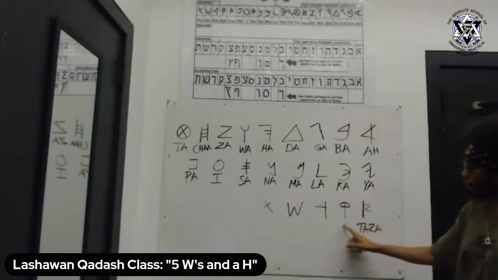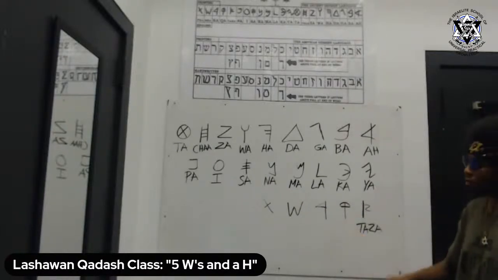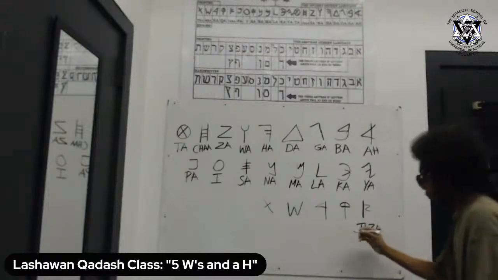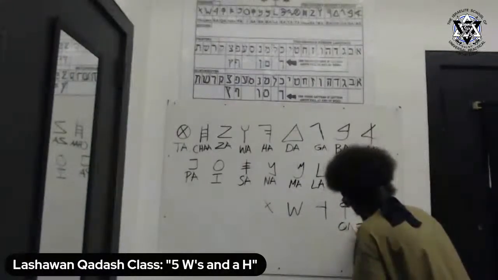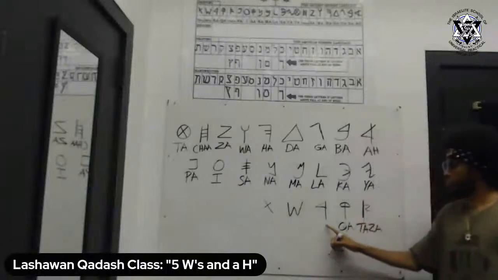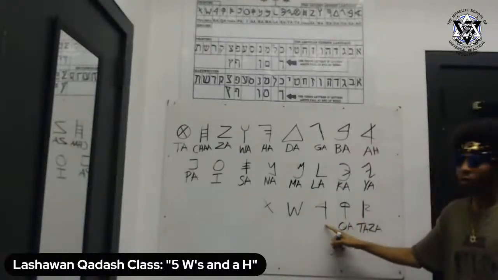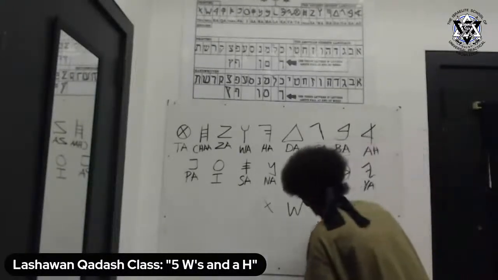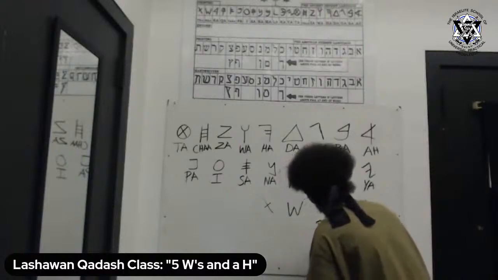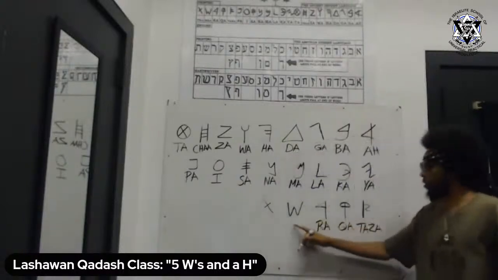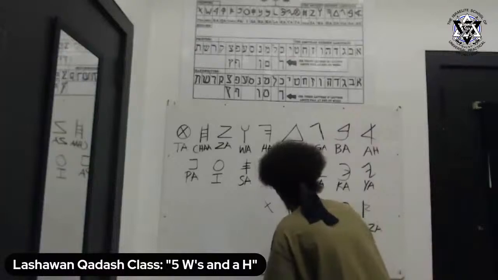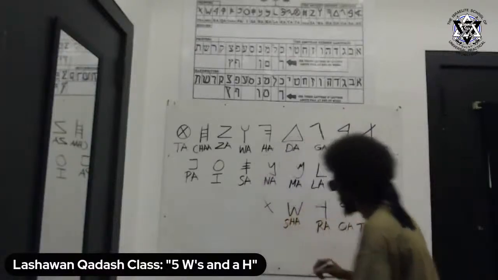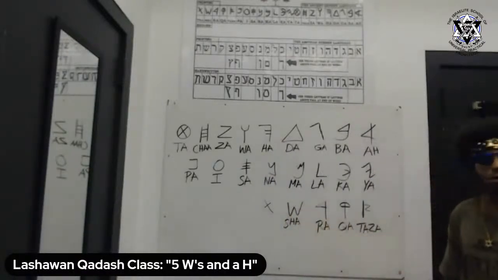How about this one? No sweat. So we got qua, which is Q, A. Ra, R, A. What is this? Sh. That's sh. And what's the last one?